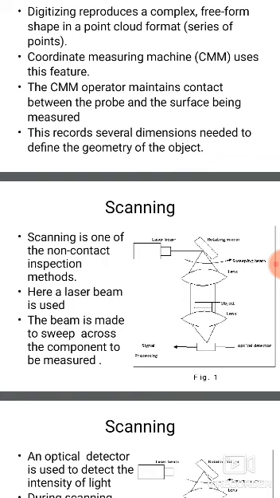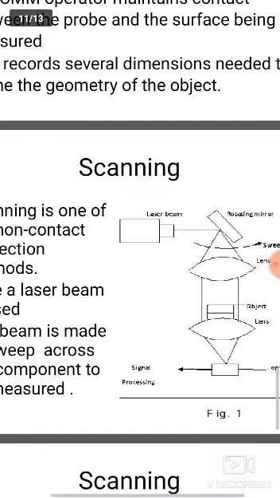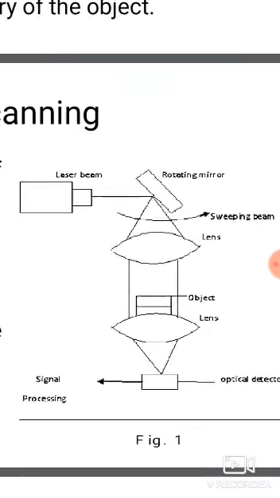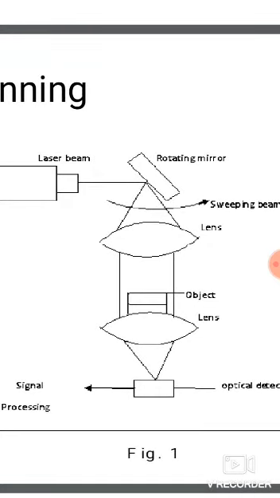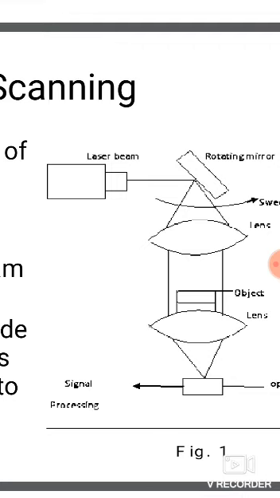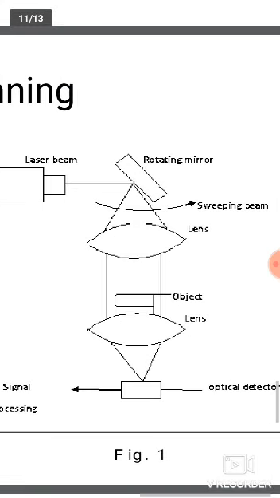In the scanning process, a laser is used to project a continuous thin beam of light. See, this is the laser beam, from where it goes to this rotating mirror. From here the laser beam reflects on the mirror, and from there it falls on the optical detector.